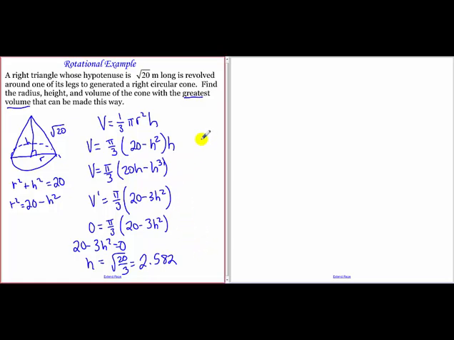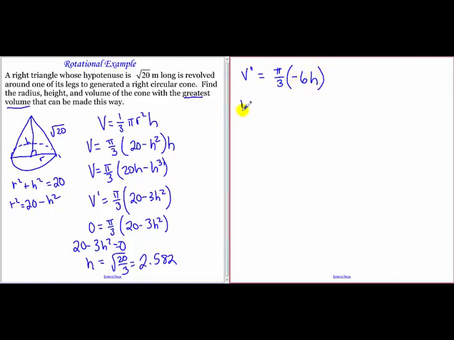I really need to verify it's a maximum because we're looking for the greatest volume. Again, the second derivative test is going to be the easiest one here. So let's look at our second derivative. Our second derivative is pi over 3 times negative 6h.